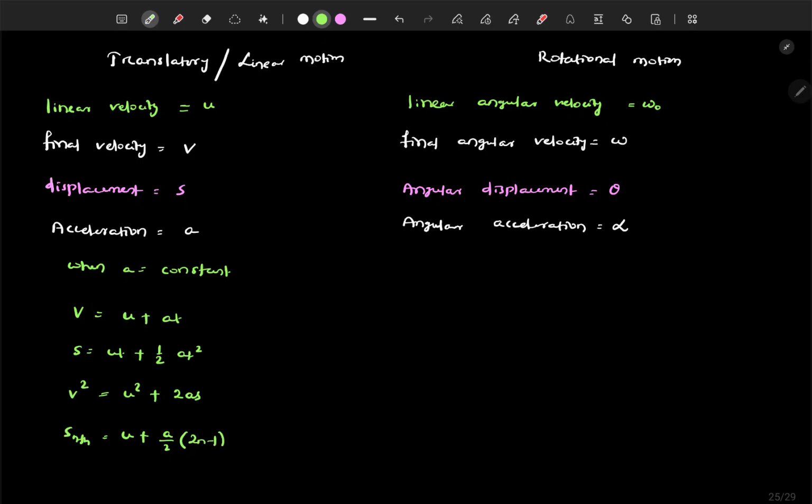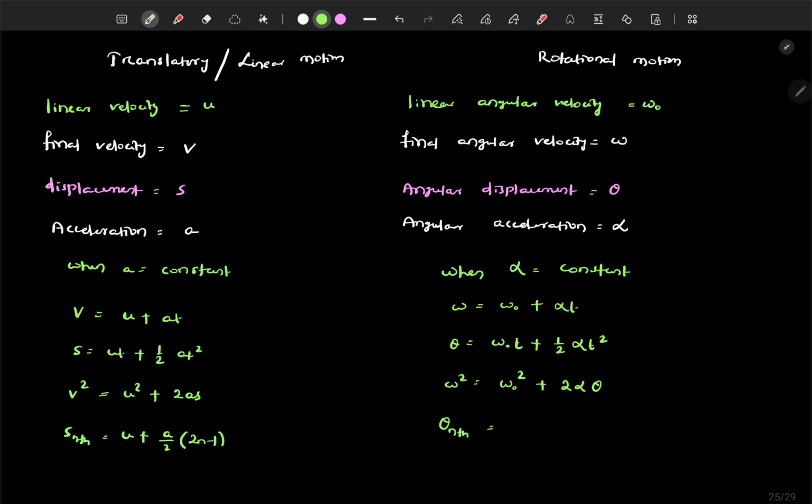Like this, when alpha is constant, omega equals omega naught plus alpha t. Then angular displacement theta equals omega naught t plus half alpha t squared. Next, omega squared equals omega naught squared plus 2 alpha theta, and theta nth equals omega naught plus alpha by 2 into (2n minus 1).